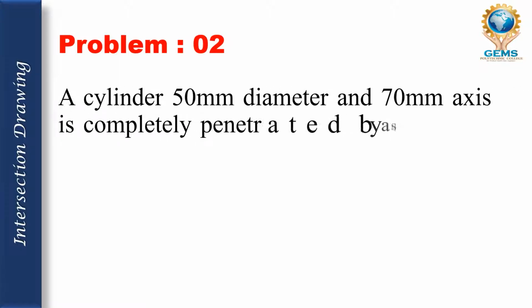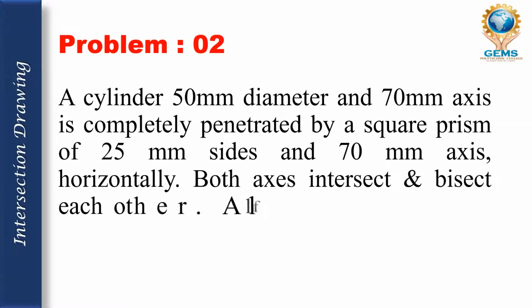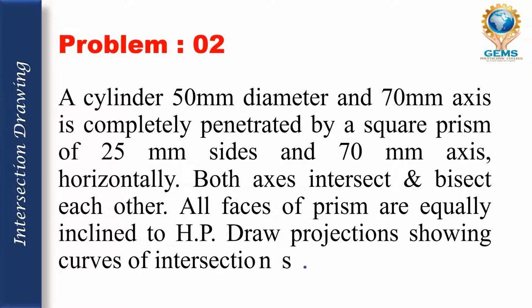The second problem is: a cylinder 50 mm diameter and 70 mm axis is completely penetrated by a square prism of 25 mm sides and 70 mm axis horizontally. The word horizontally is important.